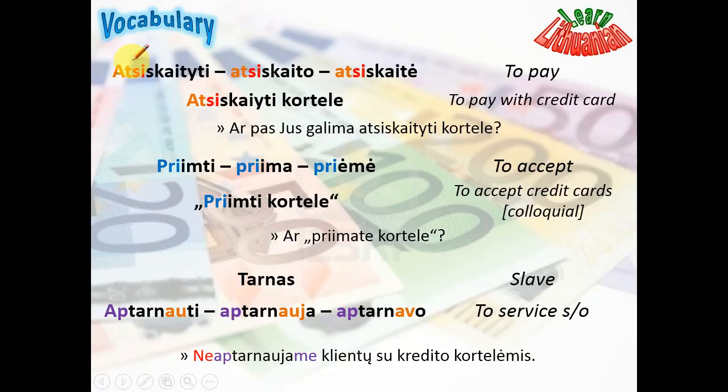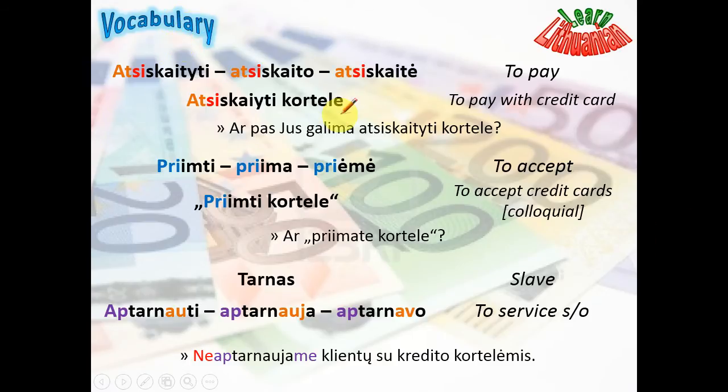You may ask, what's this sound like? Well, it's somehow like T, because if you have T and S, it somehow turns to T. Atsiskaityti, atsiskaityti, atsiskaityti.